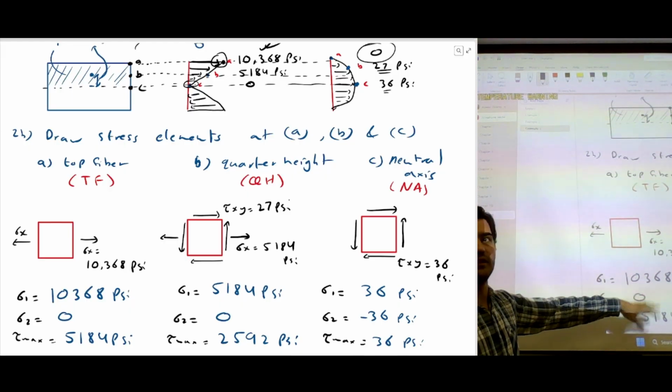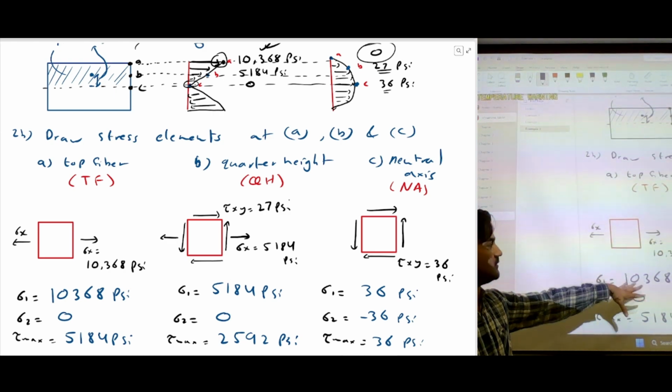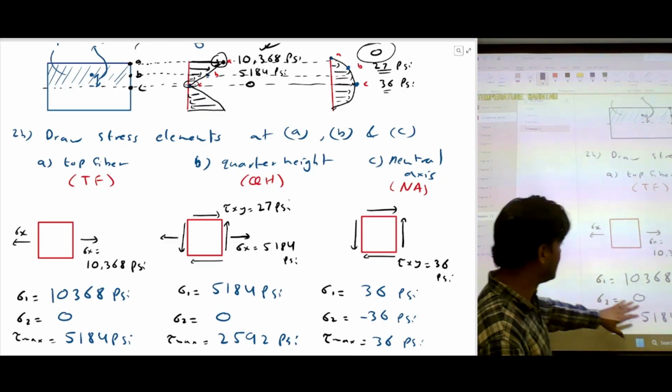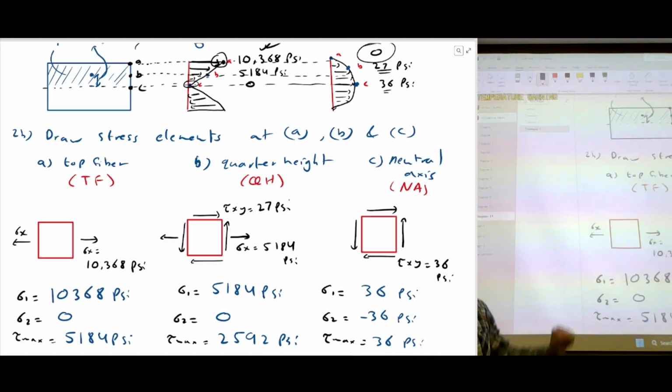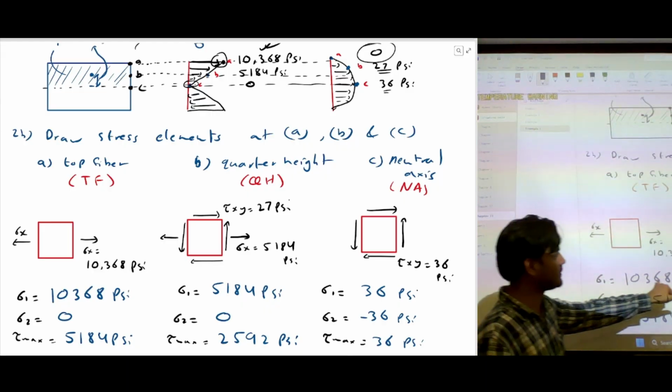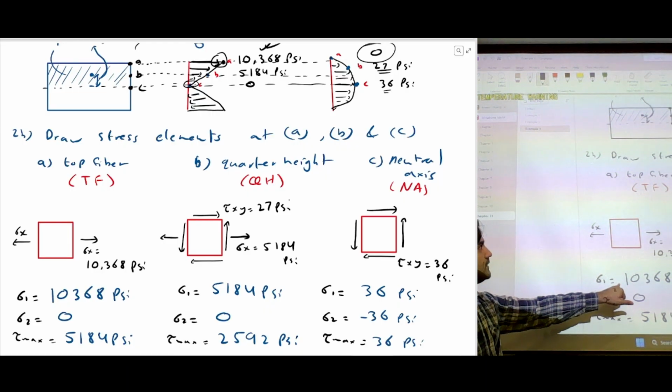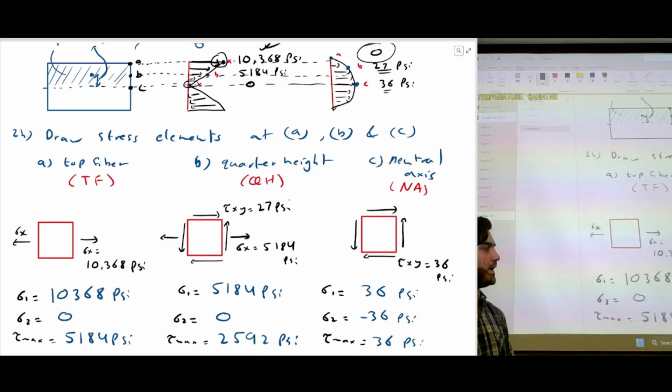So you can see a couple of observations from here. For example, I think the stress 1 at the top fiber is the most dominating one, because the maximum you're getting is from the top fiber, 10,368.